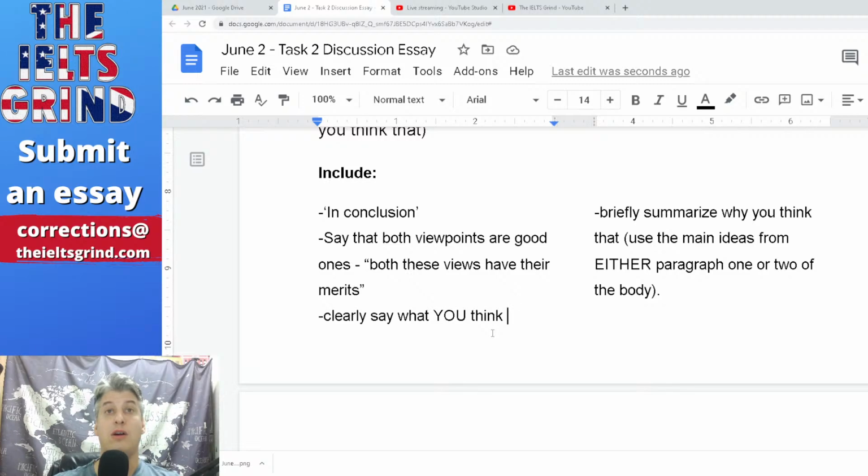You will get a lower mark in task response. This is the part of the grading that says how well did you understand the task, and also it will affect your coherence and cohesion because it doesn't fit together.